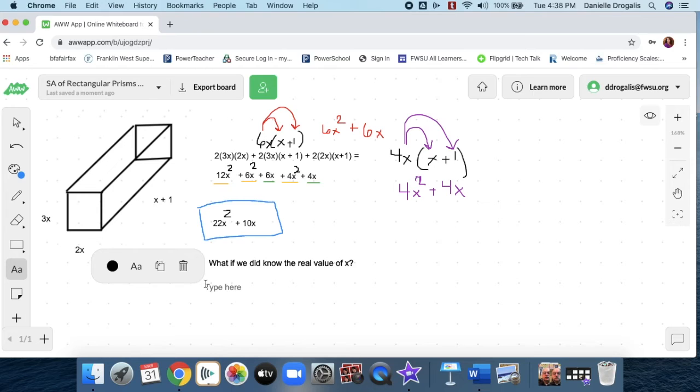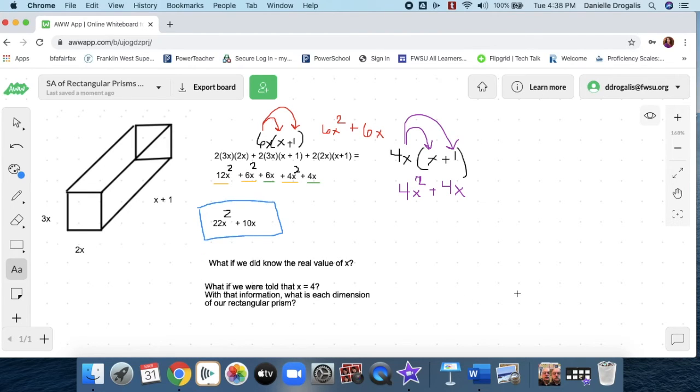What if we were told that x was equal to 4? What could we do now? And actually, let me add another layer. With that information, what is each dimension of our rectangular prism?